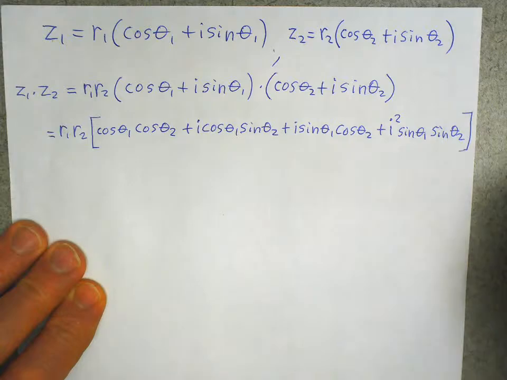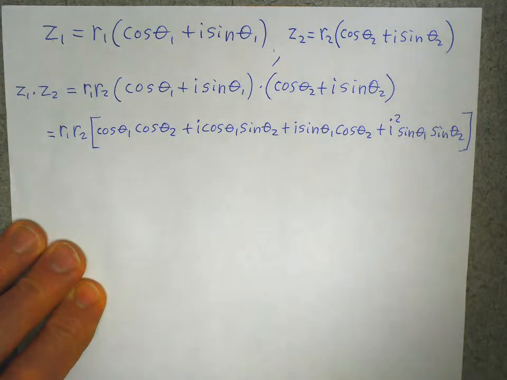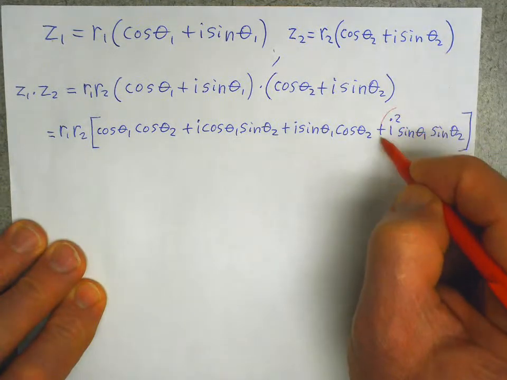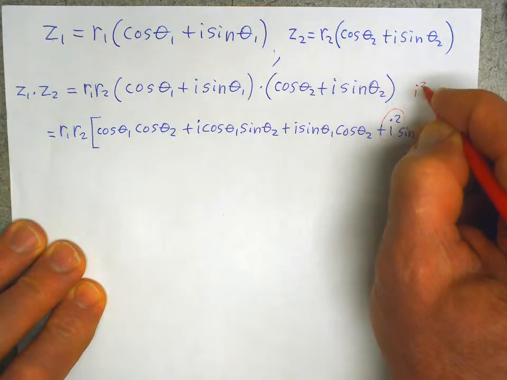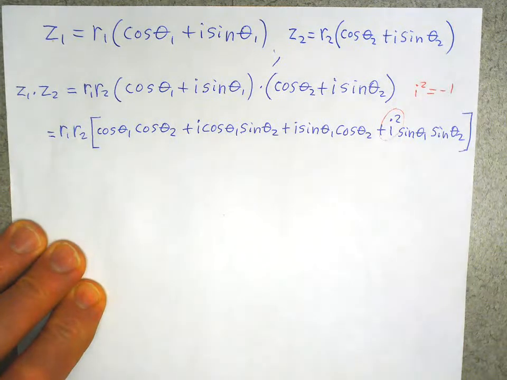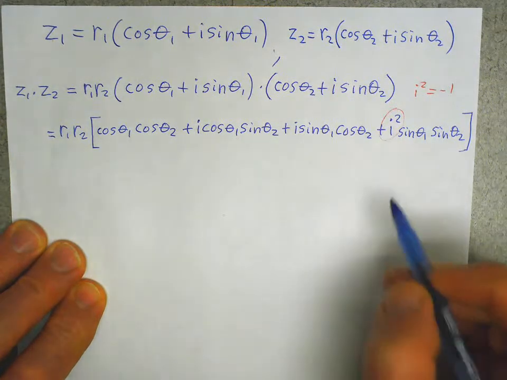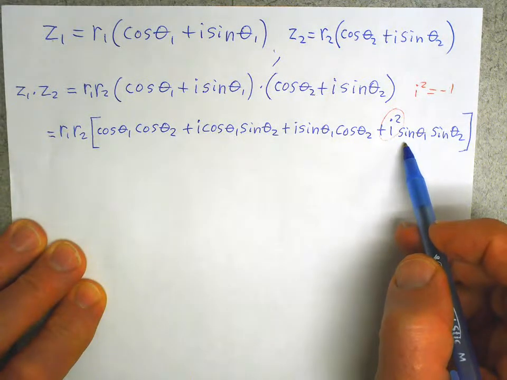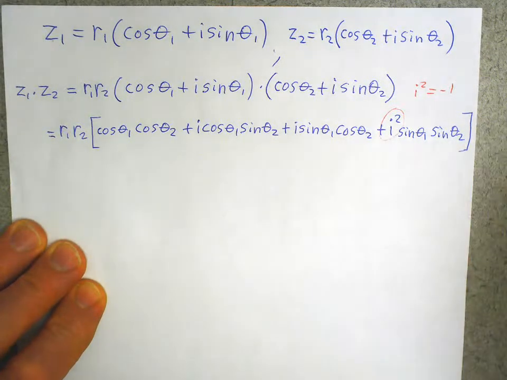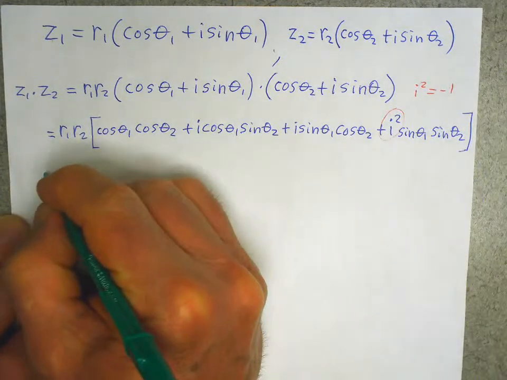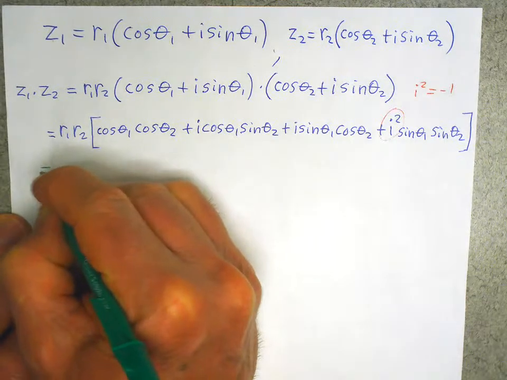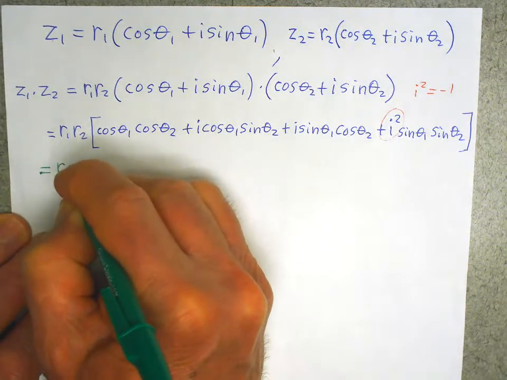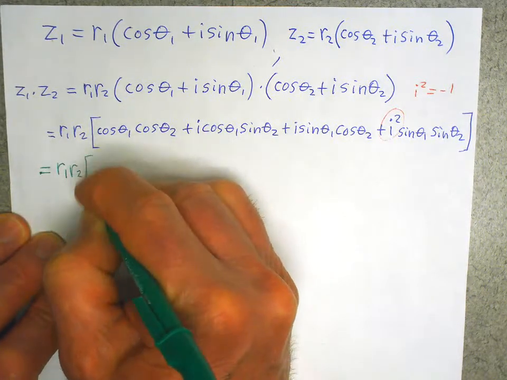Okay, remember, i squared is negative 1. I to the second power is negative 1. So this term right here is equivalent to subtracting sine of theta 1 times sine of theta 2. Okay, so in the next part, we'll rearrange the terms.